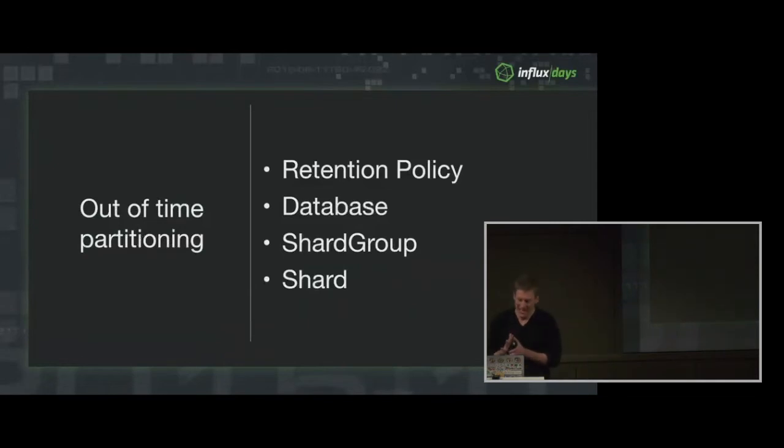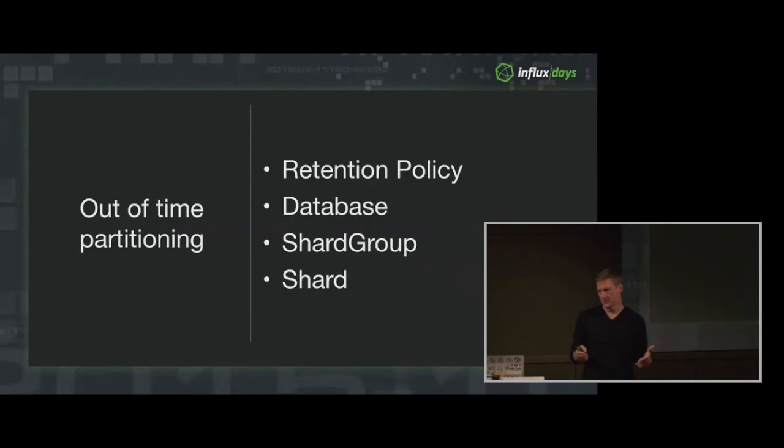So out-of-time partitioning. So 1.x is a time partitioned storage system. This means that as we collect and store data, we put that data into shards, and those shards are for a specific period of time, and those shards are the actual physical files on disk. So if you look at an Influx database disk hierarchy, you'll see a number of different directories.